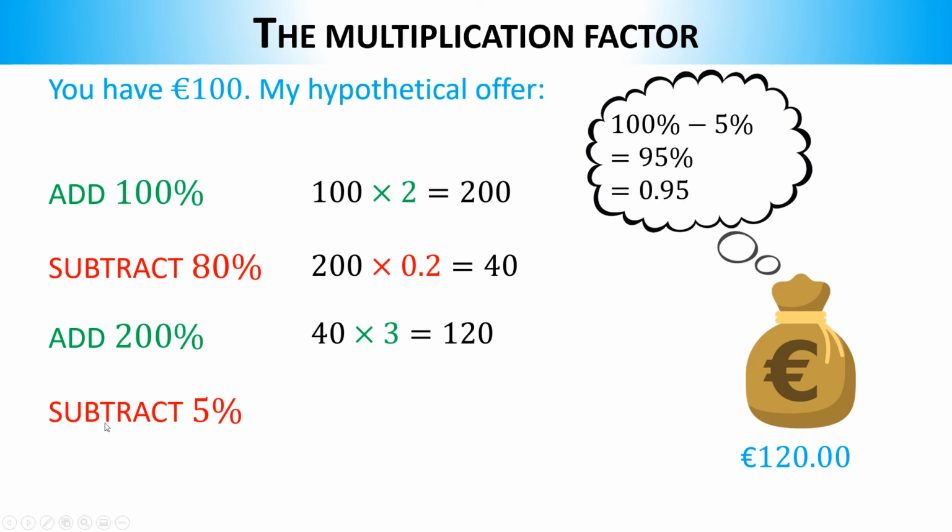So subtracting 5% is the same as multiplication by 0.95. Our starting number is now 120 euros, and 120 euros times 0.95 is 114. So in this case, you would actually make a profit of 14 euros, or in general, of 14% of the amount of money that you have in the game. So I should emphasize that this offer, as opposed to the previous one, is of course hypothetical.